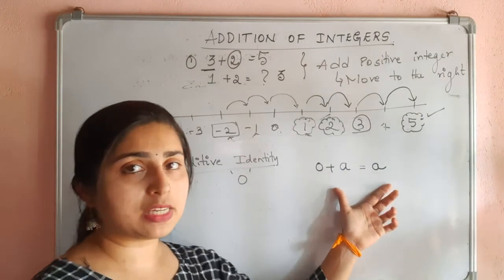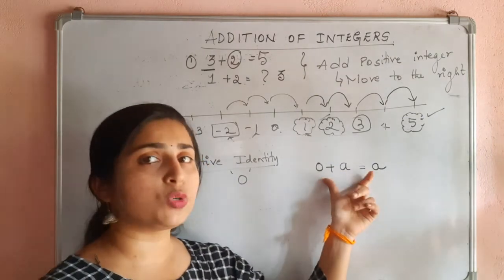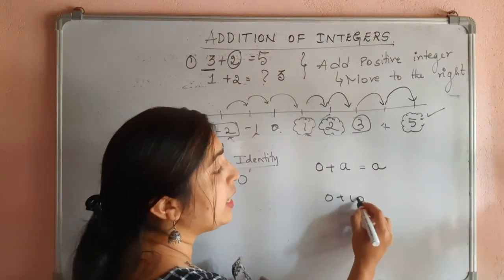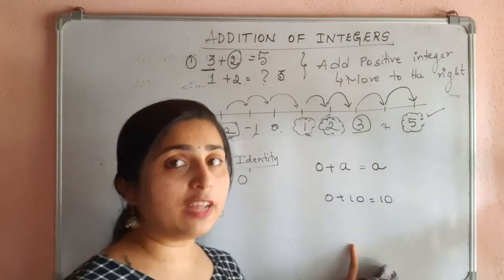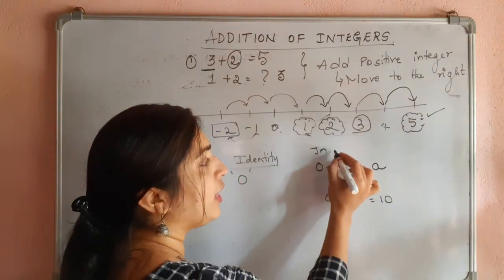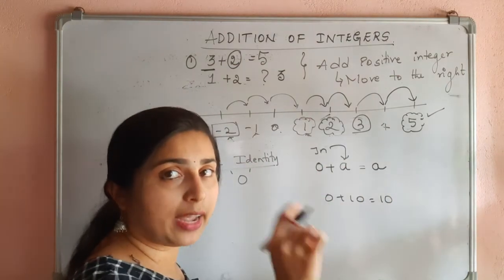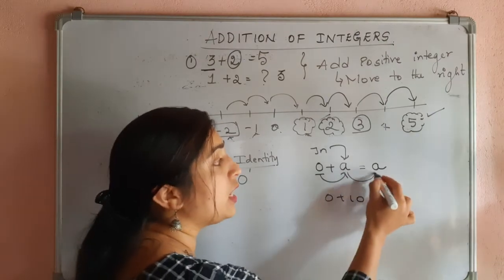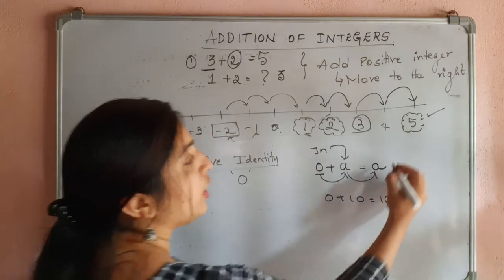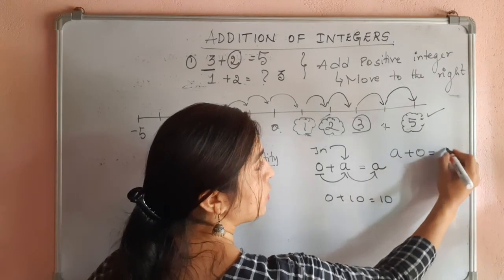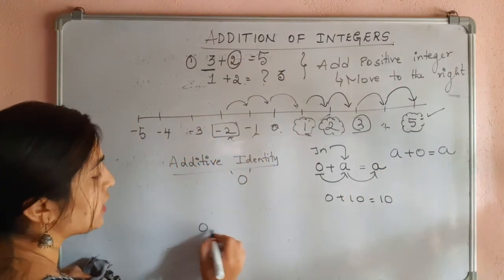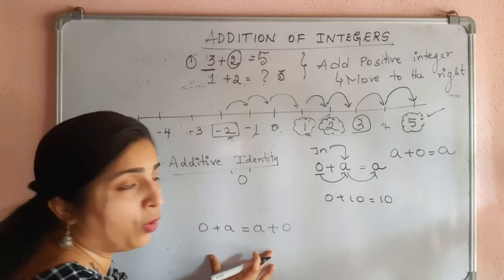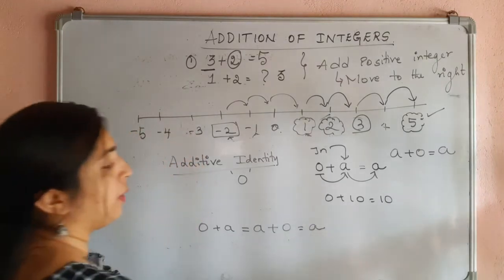For example, 0 plus 10 gives you 10. Similarly for integers, if I consider a as an integer and you add 0 to it, it gives the same integer. So 0 plus a is equal to a plus 0, from commutativity, that is equal to a.